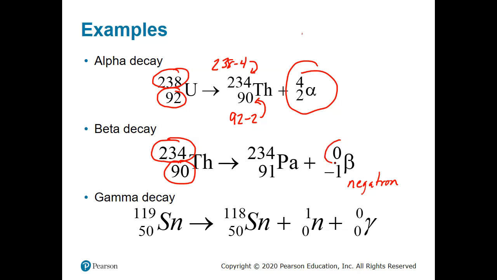I have a mass number of 0 and an atomic number of -1. 234 minus 0 would give me the mass number 234, so that didn't change. 90 minus -1. Well, the negative of a negative is positive. So 90 plus 1 would be 91. 91 is element protactinium, Pa.